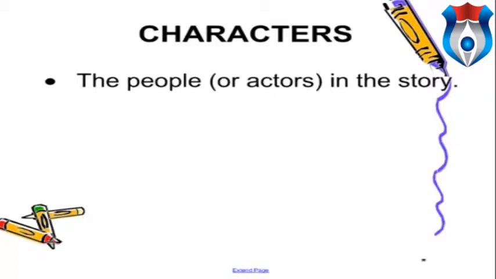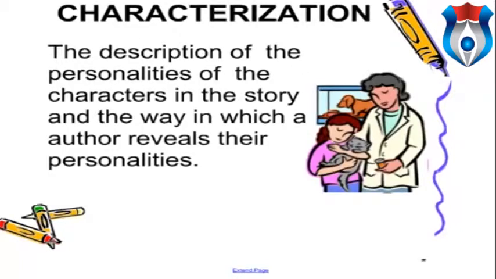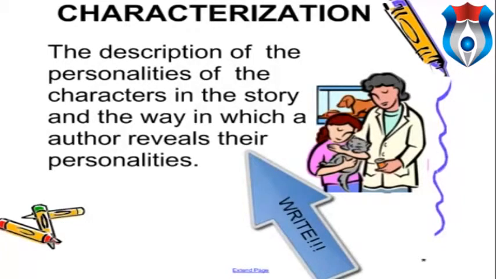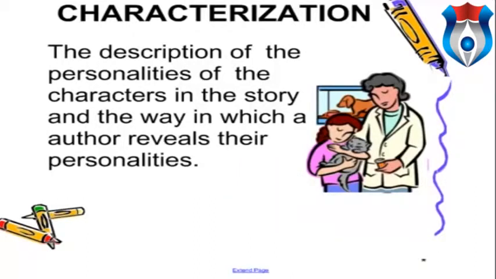Now, characters is one that I'm not going to spend time on because I think you're familiar with that. Characters are the people in the story. Whoever's in the story is a character. Characterization is something different, though. Characterization is the description of the personalities of characters in the story. So the way that the author lets us know about a character, that's where authors really have to be mindful and use their craft.